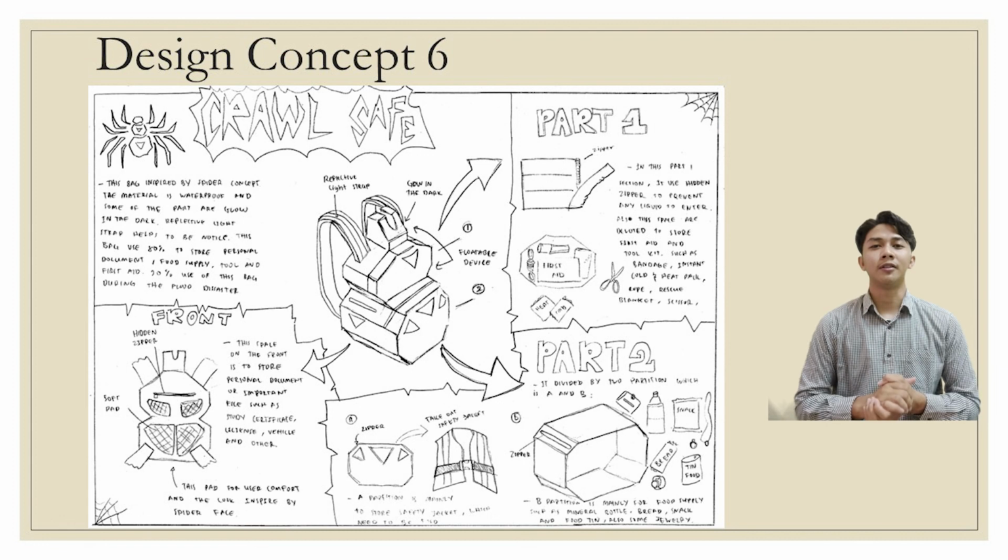We were inspired by the spider face, but it also has a zipper to put some documents or important personal files. And you also have 2 levels: part 1 is to store first aid like bandage, instant cool and heat pack, raincoat, and so on. For part 2 at the bottom, we divide it in 2: the first is mainly for an extra safety jacket for our partner, and the second partition is for food supply like bottled mineral water, snacks, bread, and some other small food that can be inserted.